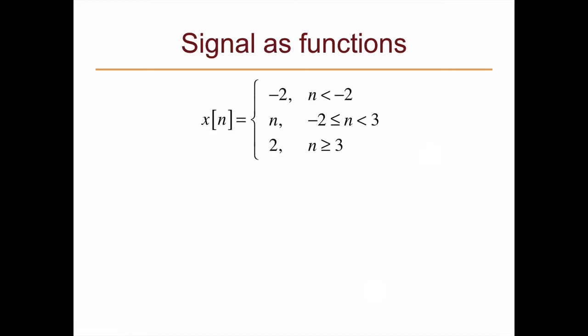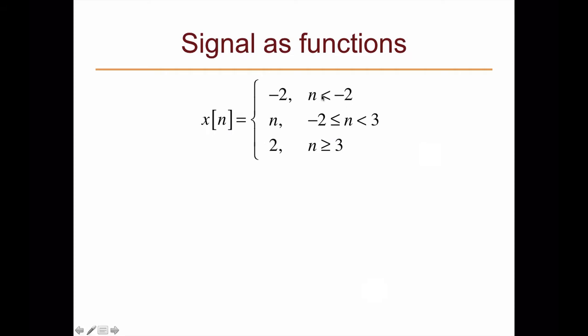Let's look at another example for the discrete time signal. This signal has 3 intervals. In the first interval, the value of the signal is -2, and it lasts until the time index n is less than -2, which means that n starts from -infinity, and the value is always -2 until it reaches the point where n equals -3.